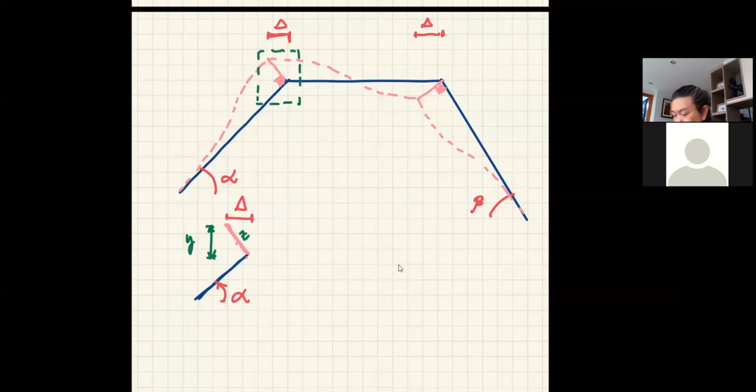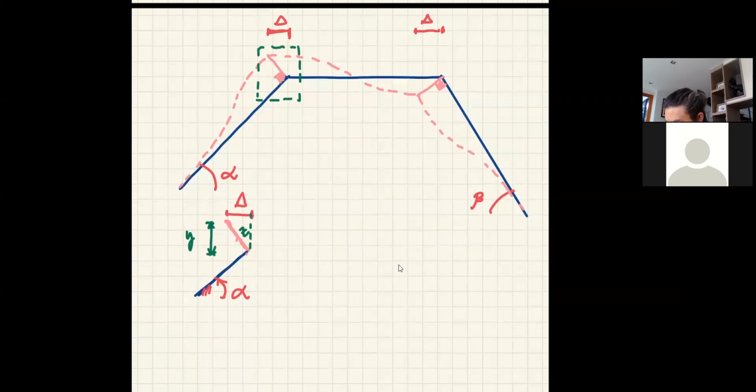So now when you look at this, you see we have a little triangle here. If this is delta, this is also delta, correct? I'm sorry, alpha. If this is alpha, that is alpha.